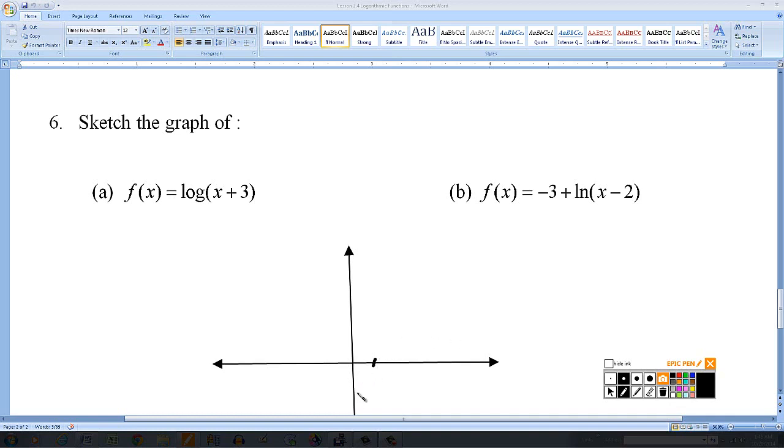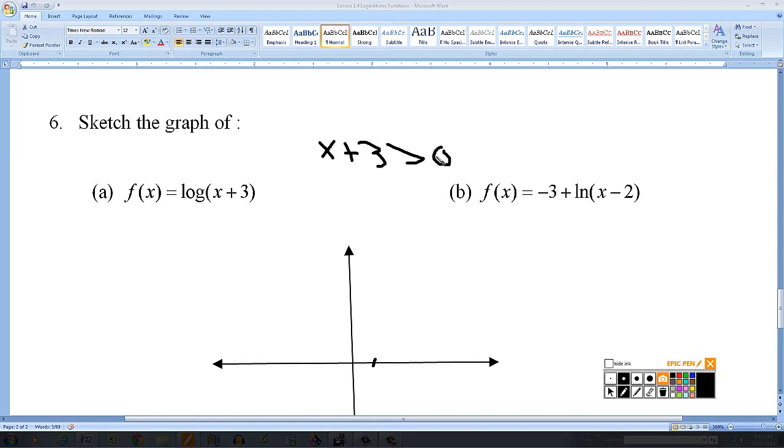But because I have this x plus 3, it moves the graph to the left 3 units, because x plus 3 has to be greater than 0 for this to be defined. That means x has to be to the right of -3.